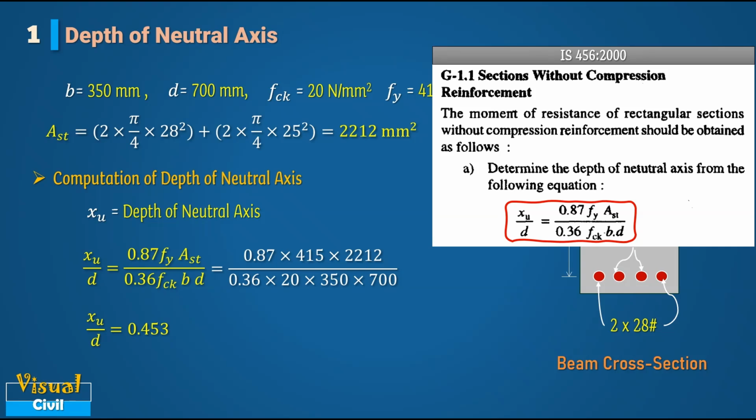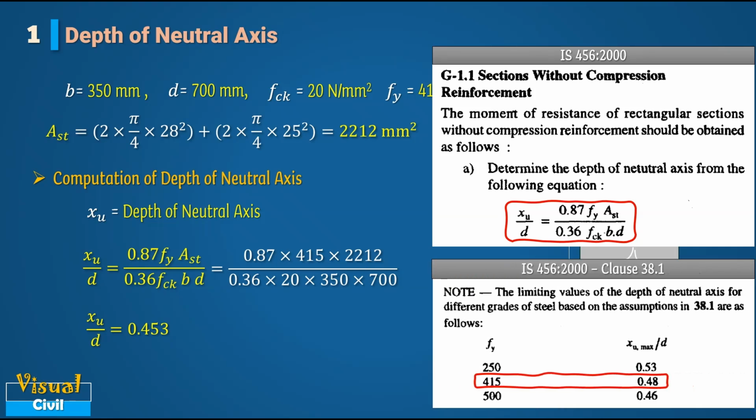According to clause 38.1, the limiting value XU max by D for Fe415 steel is 0.48. The calculated ratio of XU by D is less than the limiting value. This tells us that the section is under-reinforced.